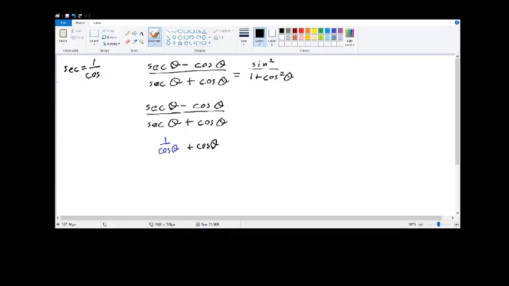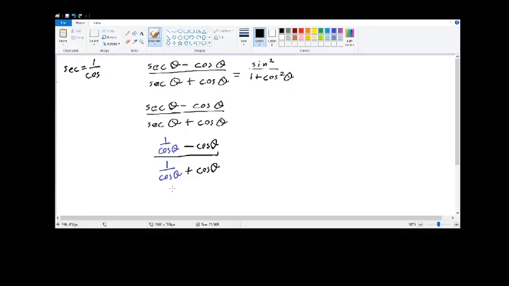Then, as our denominator, we have the second one, which is just 1 over cosine plus, actually, sorry, the top one, the numerator is minus. We don't want to forget that. And the bottom one is plus cosine. So at this point then, we've got all cosines. We could try and work these out.